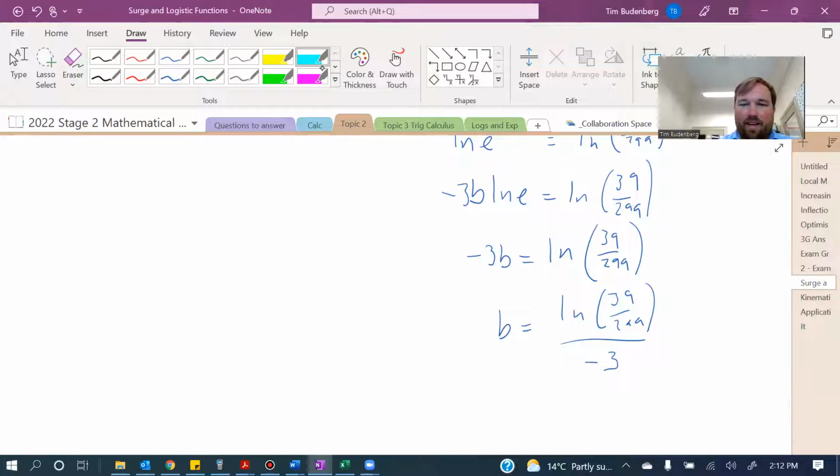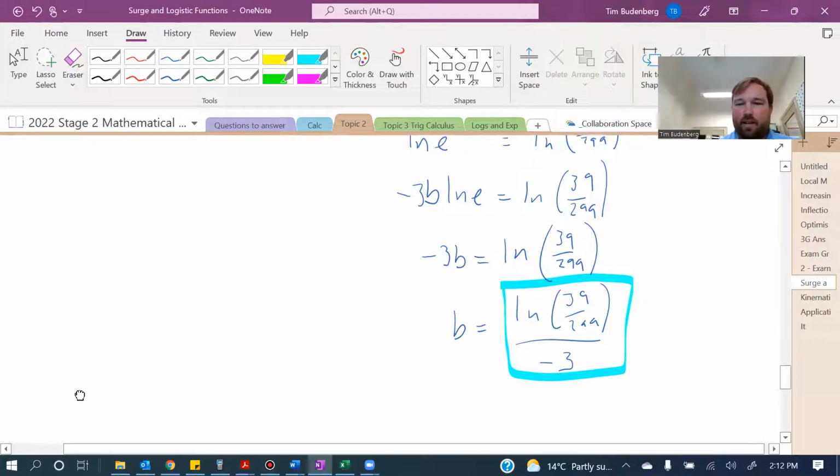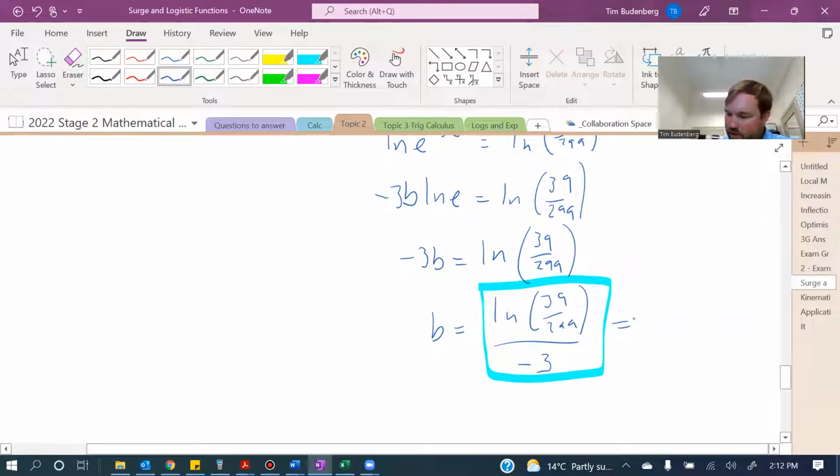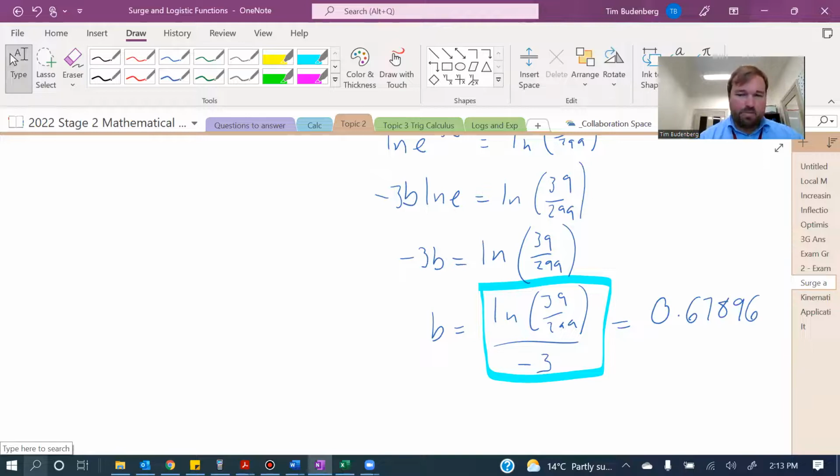Now, that is not particularly pretty, but if we put it in our calculator, and I did it earlier, it comes out to be 0.67896. And that's the figure we'll use for b. The more decimals you can get, the better, but there it is.